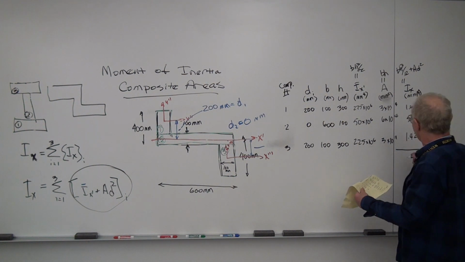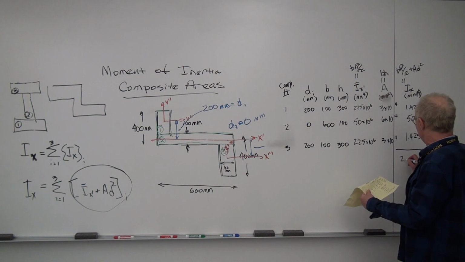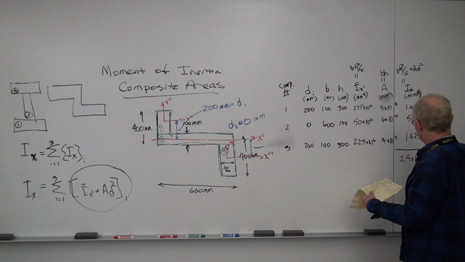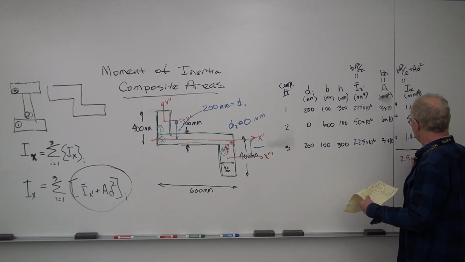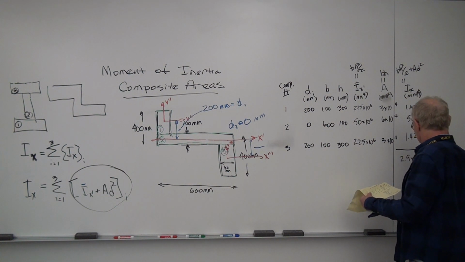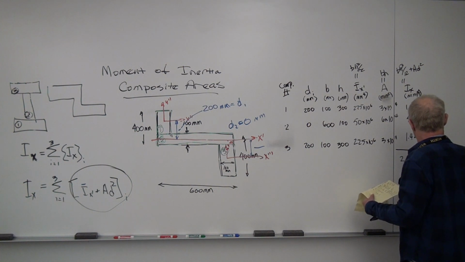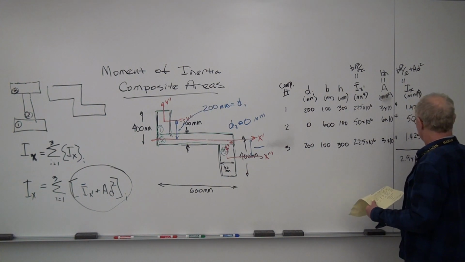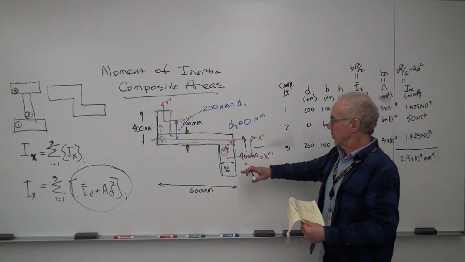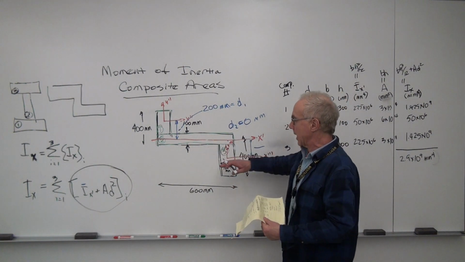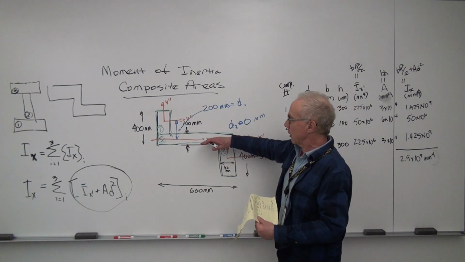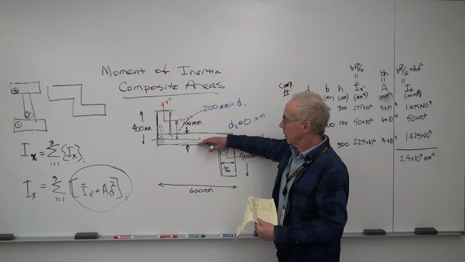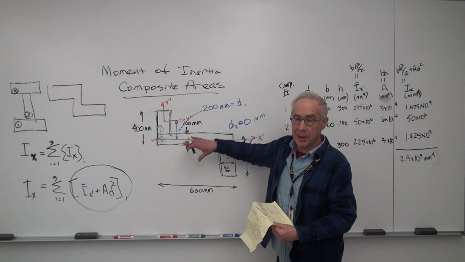And if we add these all up, we end up with 2.9 times 10 to the 9th millimeters to the fourth. So that is what we were looking for. This is the moment of inertia, Ix, about this axis through the centroid of our composite area.